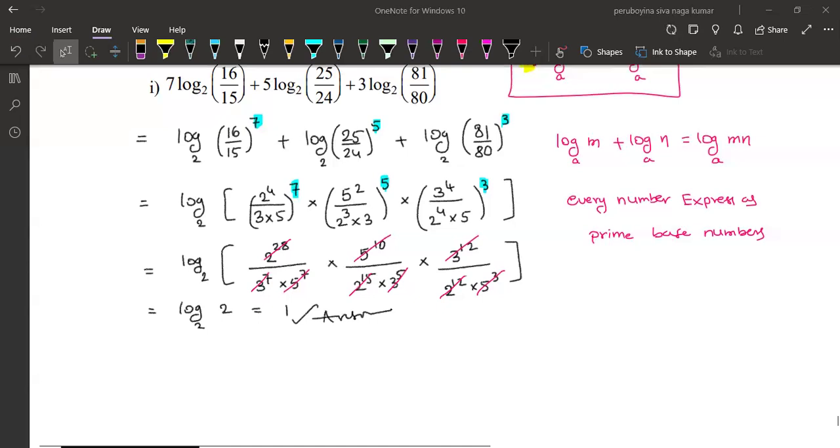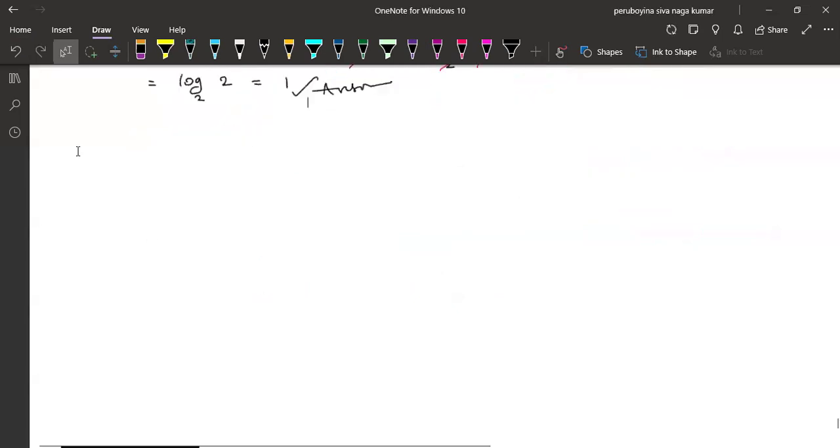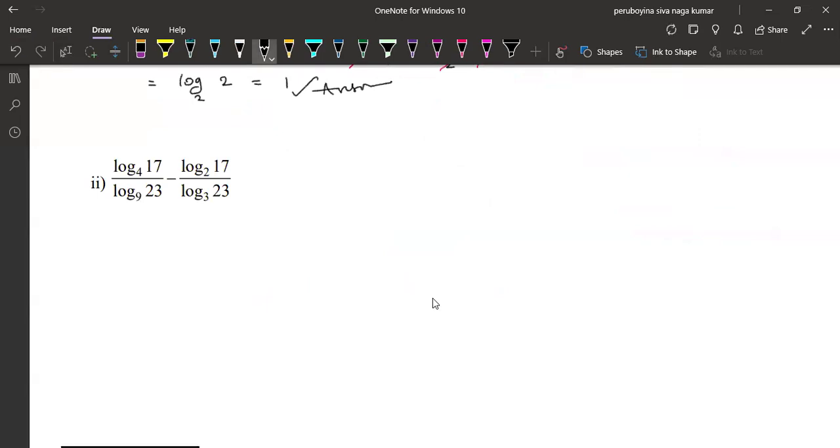Next, we are going to solve one more problem of this kind. Log 17 base 4 into log 23 base 9, and the second number log 17 base 2 into log 23 base 3.